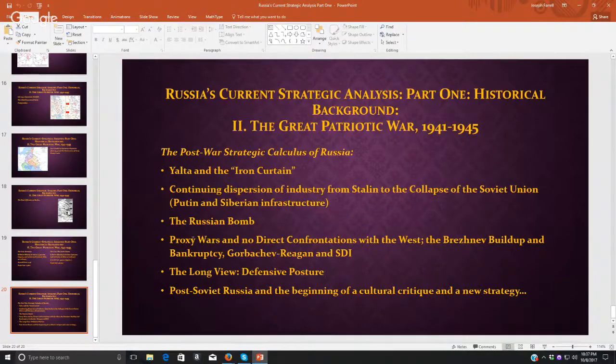Now, the final crisis, of course, in this post-World War II strategic calculation occurs with the collapse of the Soviet Union, the Western rape of Russia, principally the American rape of Russia. And this collapse really is something that you have to view from the standpoint of this whole period of development from the end of World War II to the Soviet collapse.